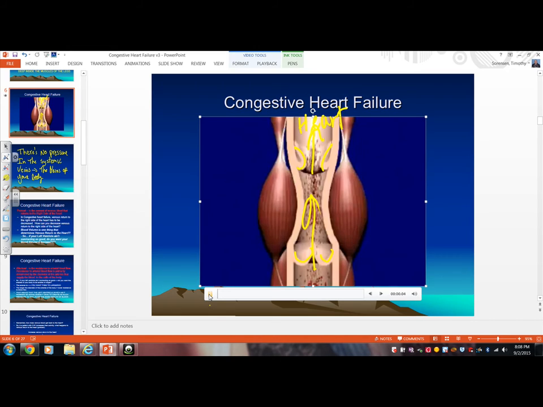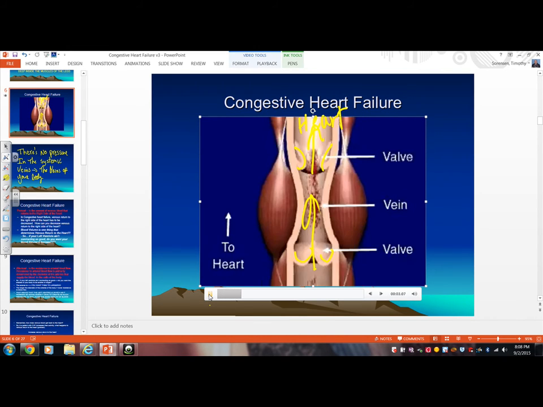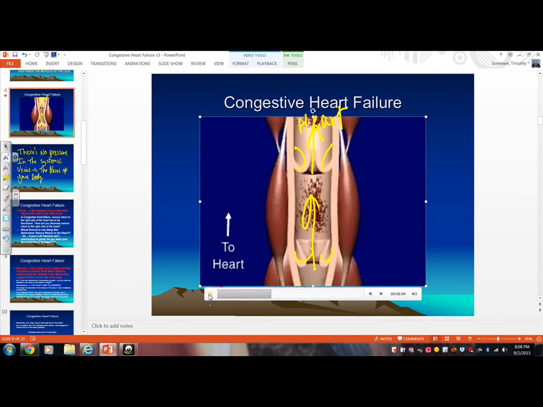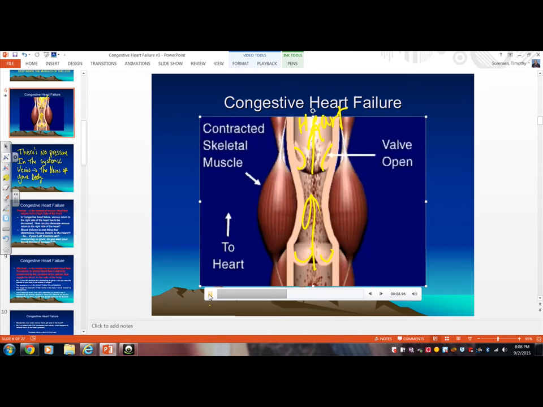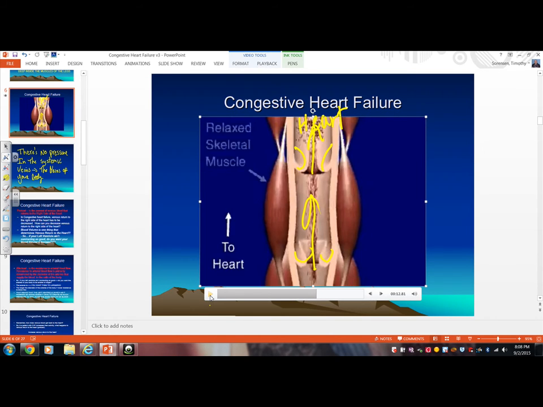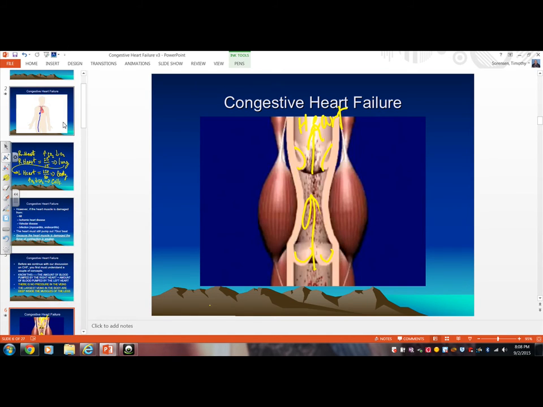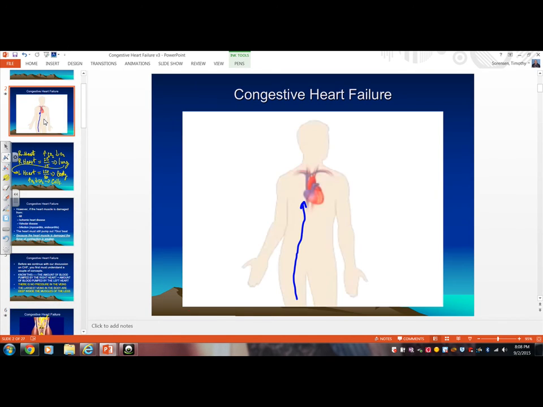And when the muscle contracts, it will squish those veins and force open those one-way valves. So that's how you get venous blood back to your heart. Well, your next logical question should be, well, gee whiz, Timmy, I'm not always walking. True that. So how do you get venous blood back to your heart if you ain't moving?